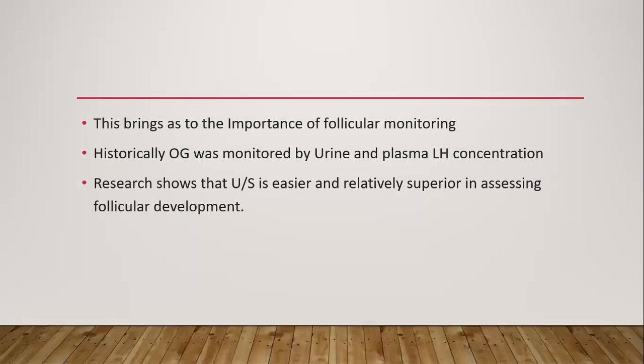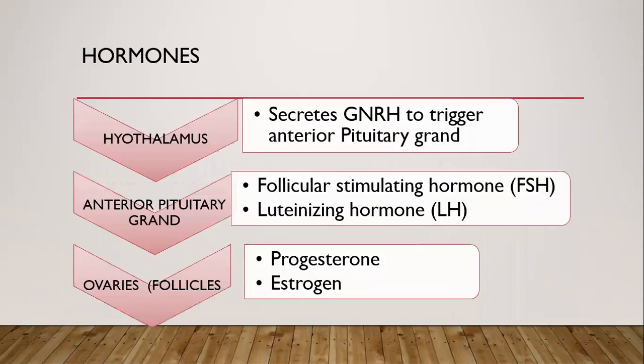And of course, after some research, ultrasound found its way into this, and now it is relatively superior in assessment of follicular development. However, they use it alongside other methods. Urine and plasma are equally being utilized in most of the centers. So ours is ultrasound, and that's what we're going to be looking at today.